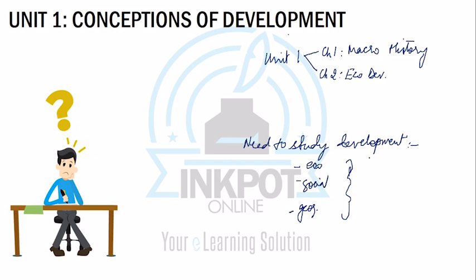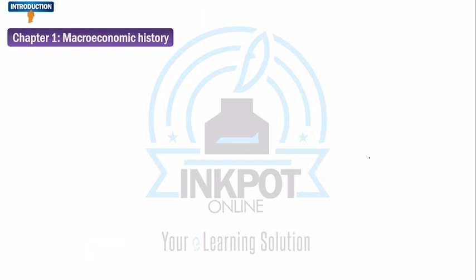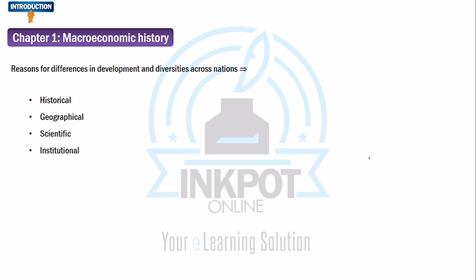To put forth, Chapter 1 on macroeconomic history gives you quite different cases telling that reasons can be, as we've just discussed, historical, geographical, scientific, and institutional. So historical would mean that countries differ on the path followed for the development.